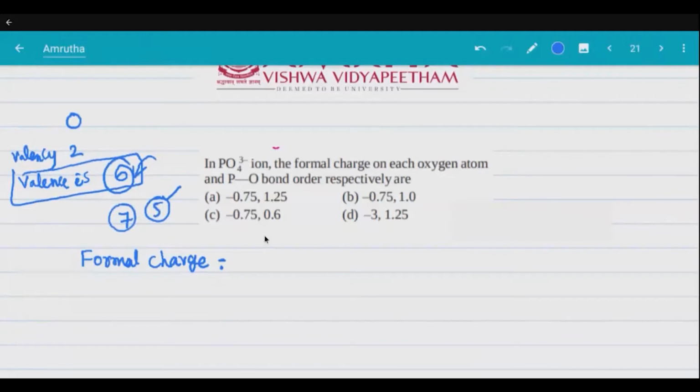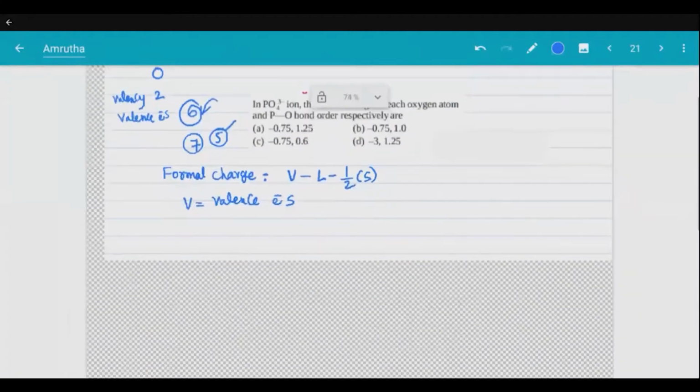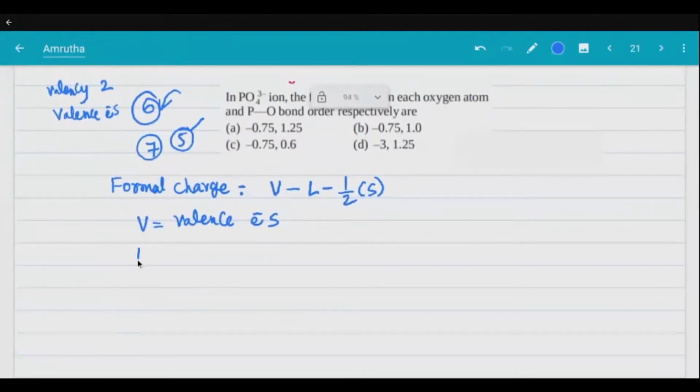Okay, so I'll give you the formula, very simple. V minus L minus 1 by 2 S. I'll be discussing each and every term, so please note it down. V means what? Valence electrons. L means non-bonding electrons, how many non-bonding electrons are present on that particular element.